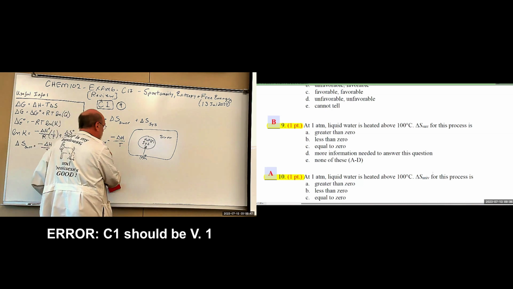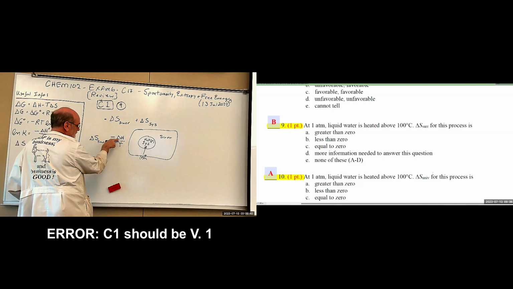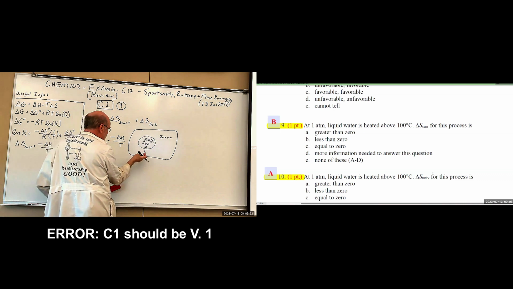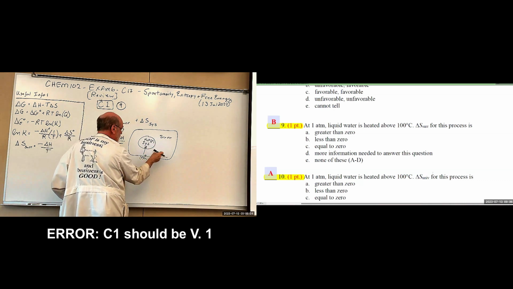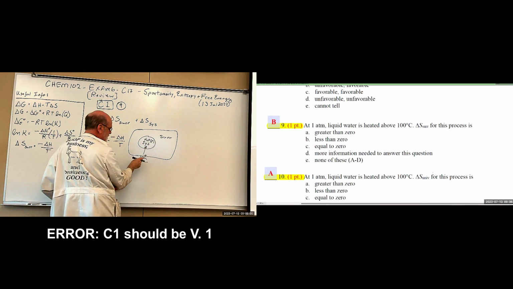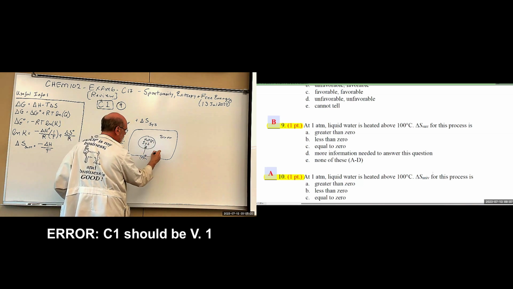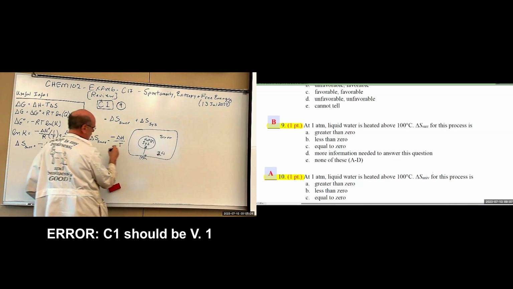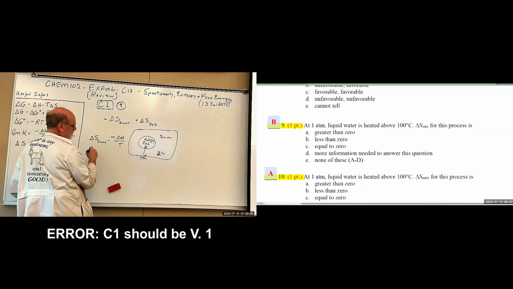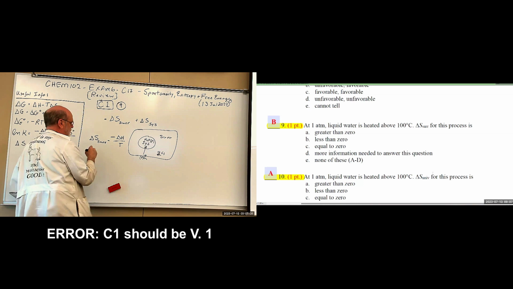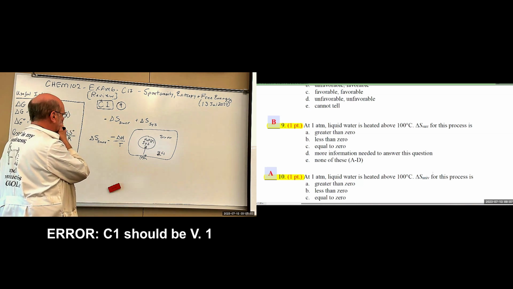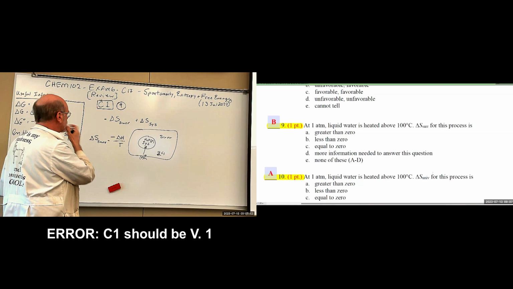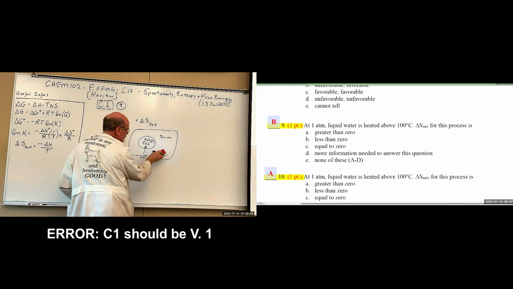All right, so if the surroundings are losing heat, the Q for the system is plus, so the Q for the surroundings must be negative. Am I doing this right? No. That delta H is relative to the system.